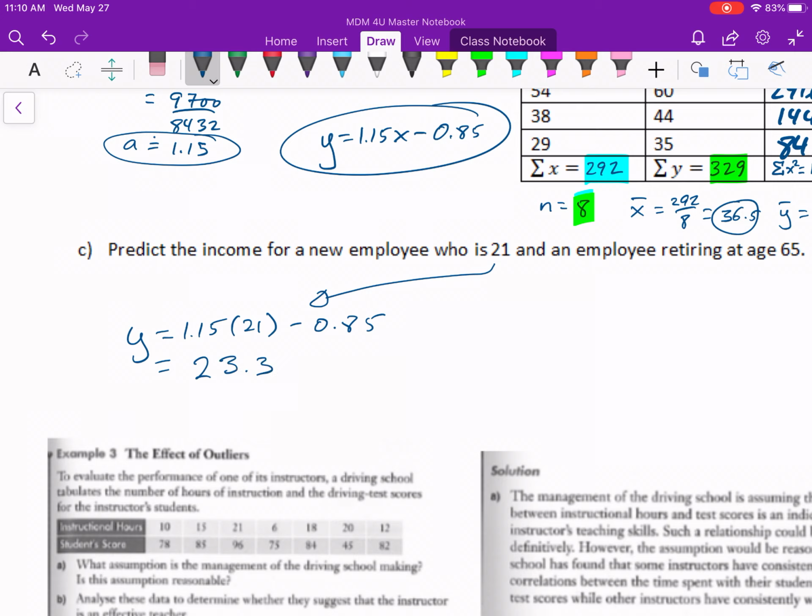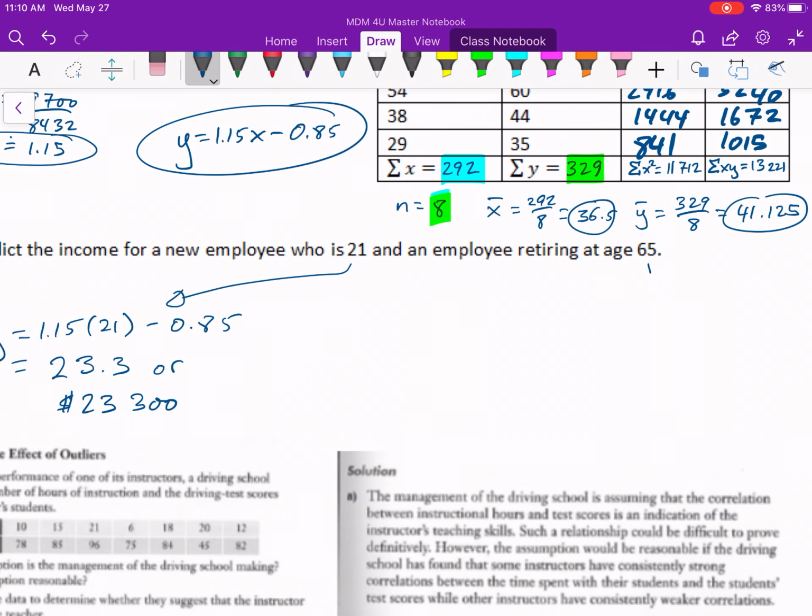So that means we would expect them to get $23,300 as their salary. For a 65-year-old employee, that works out to 73.9, or $73,900.